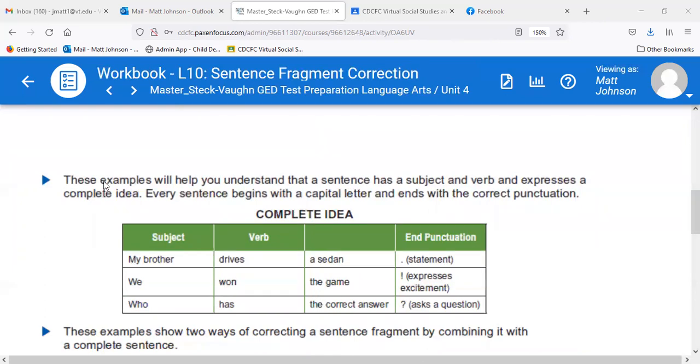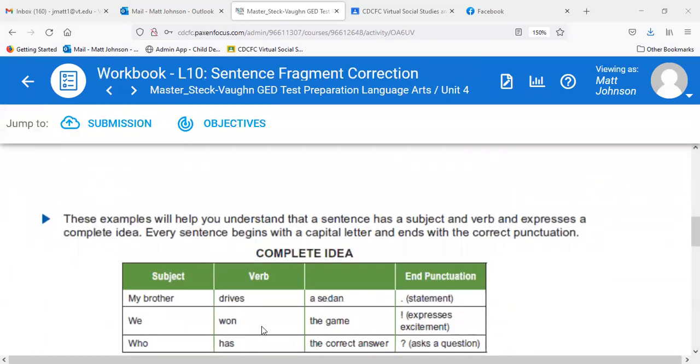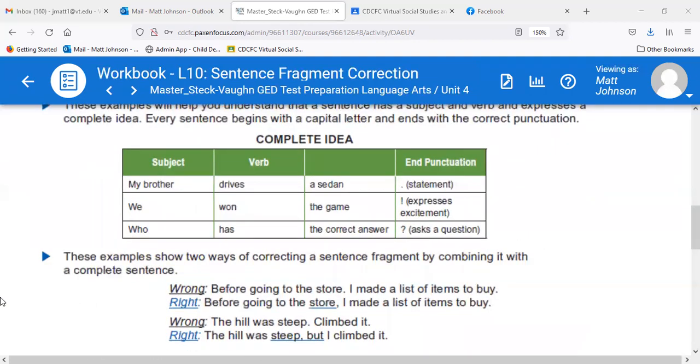So if you ever wondered what dependent and independent clauses were about, basically one is a sentence fragment and one is the complete sentence. Okay, and these examples will help you understand that a sentence has a subject and verb and expresses a complete idea. Every sentence begins with a capital letter and ends with the correct punctuation. My brother is the subject, drives is the verb, and to finish the idea, a sedan.